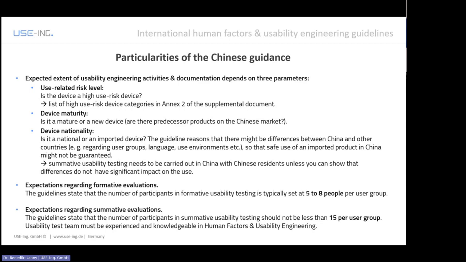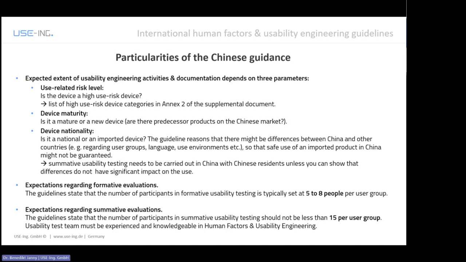So regarding formative evaluation, the guideline states that the number of participants in formative usability testing is typically set at 5 to 8 people per user group. And regarding the summative evaluation, it clearly states that there should not be less than 15 per user group within the summative evaluation usability tests.